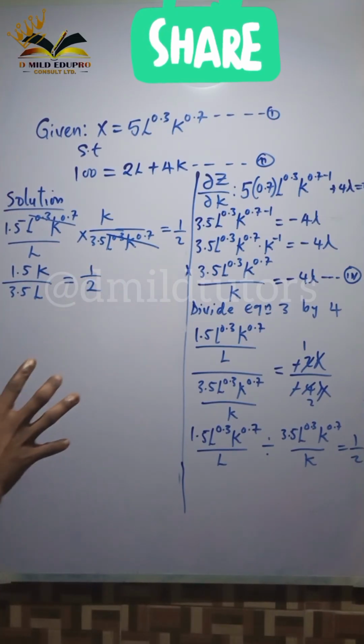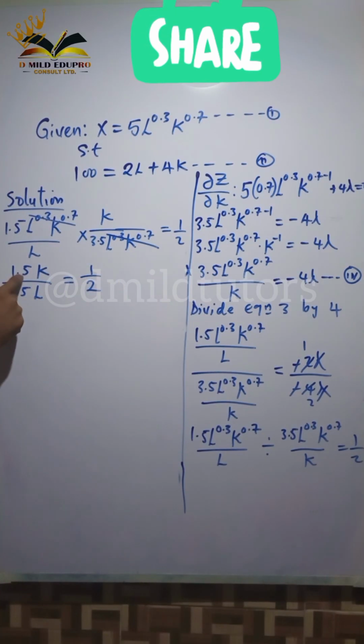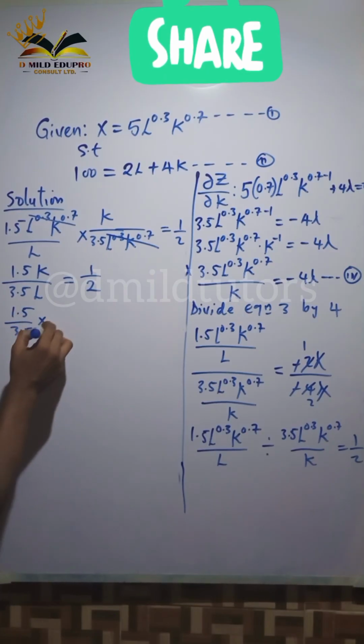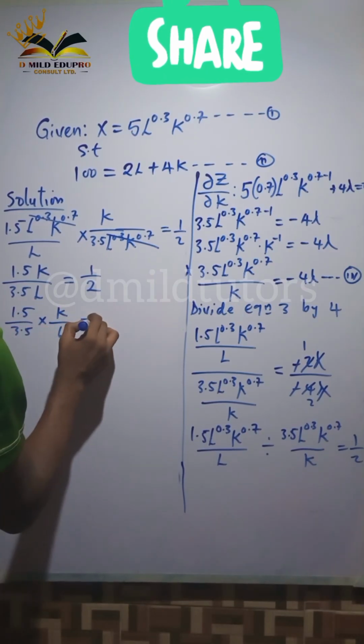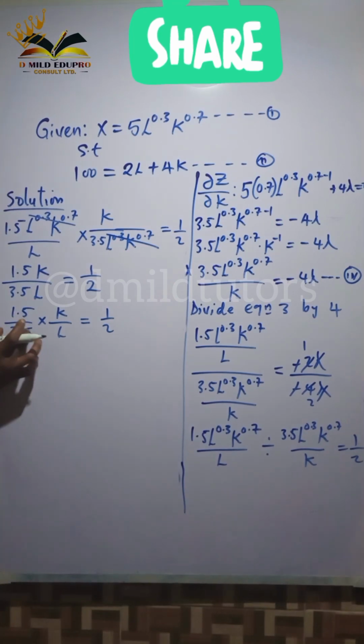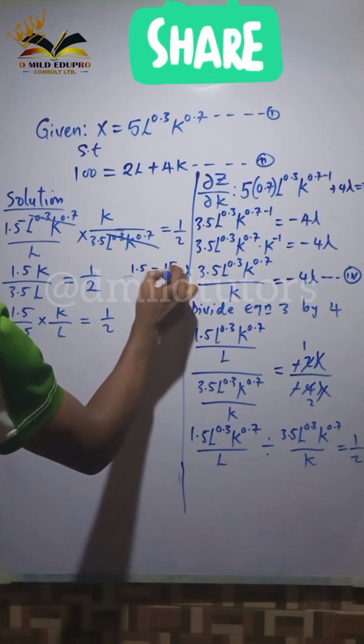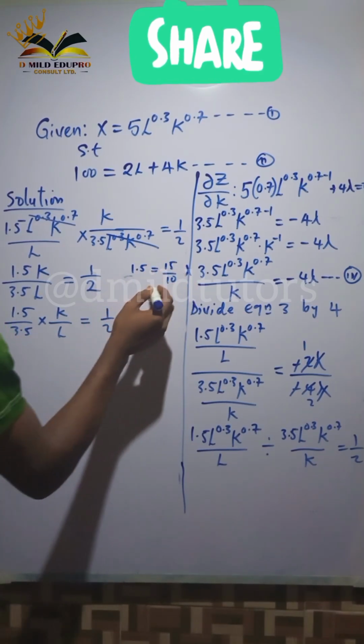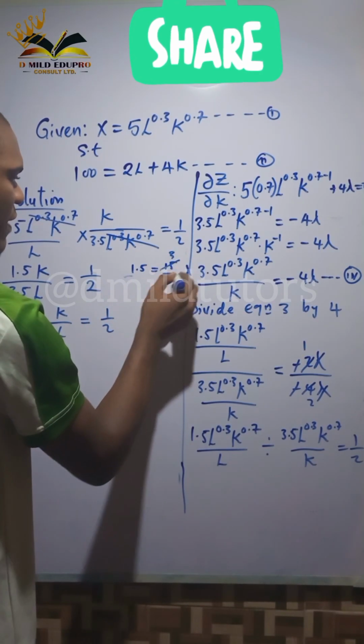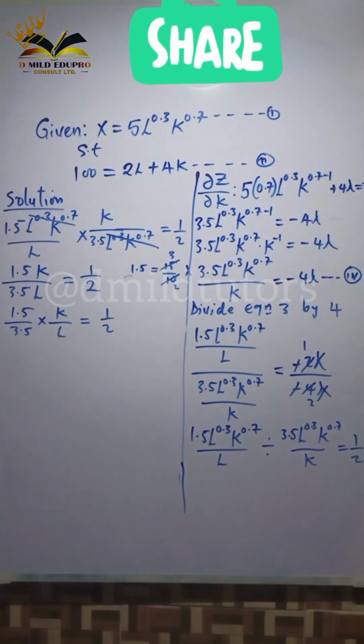Now I want you to note something, right? We need to convert this to a fraction, and at the same time we'll simplify. So let's expand this. We have 1.5 over 3.5 times K over L equals 1 over 2. Now 1.5, note that to convert it to a fraction is the same thing as 15 over 10. And 15 over 10, 5 can go here 3, 5 can go here 2. So which means here is 3 over 2.